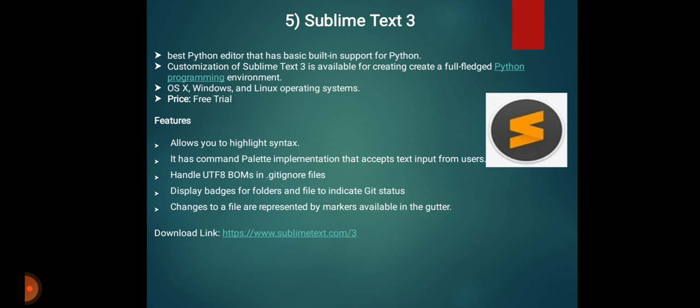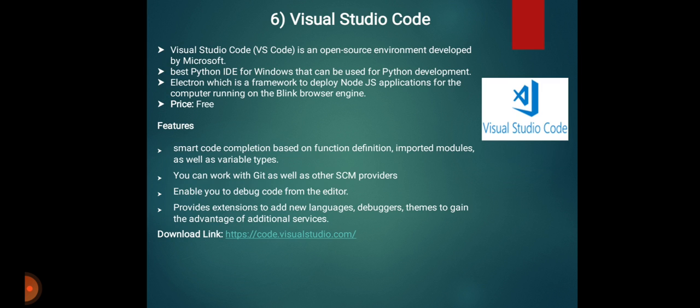The next one is Visual Studio Code. This is one of the most popular tools for using C language, C++, then Java and Python also. In the figure you can see the logo of Visual Studio Code. Visual Studio Code is also known as VS Code.